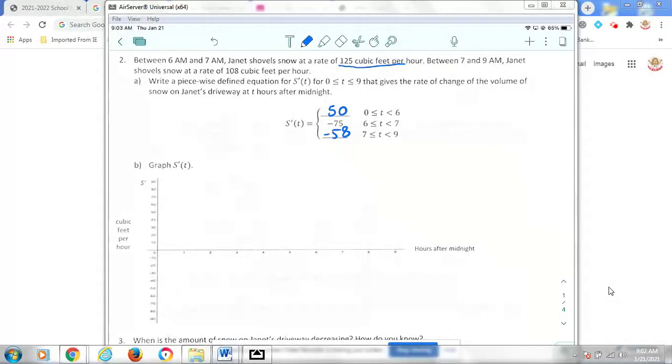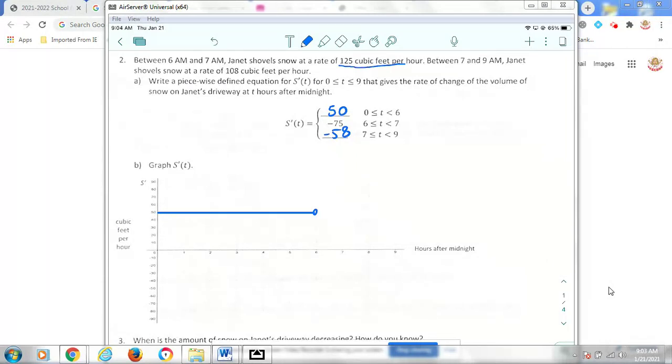All right, and then the graphs of these are horizontal lines. Between 0 and 6, we have a horizontal line at 50 cubic feet per hour. Then I'll put an open circle at 6 because at 6 o'clock she starts shoveling, and then the rate is negative 75.